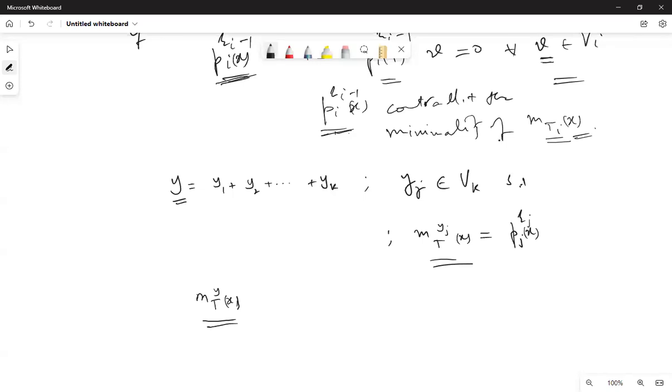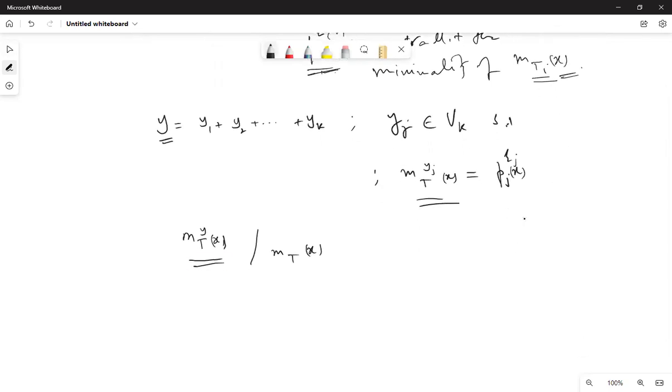Can you think of what this can be? Because this divides m_T(x), it must be of the kind p1(x) raised to some s1, p2(x) raised to some s2, and so on, pk(x) raised to some sk, where si's are less than or equal to ri's.